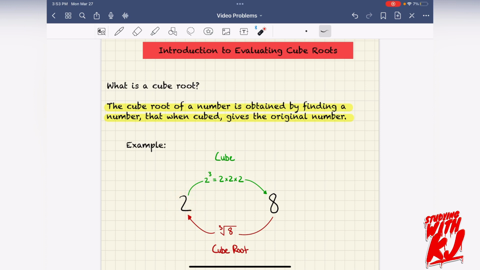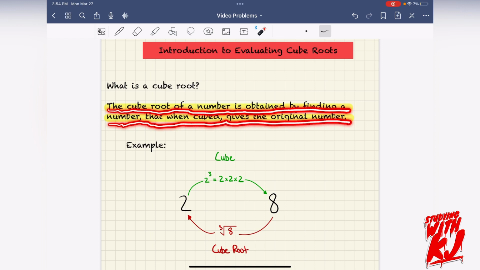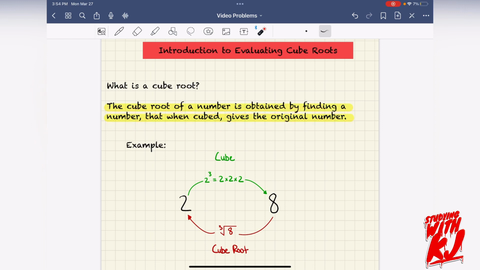And the reason why is because let's look back at our definition. The cube root of a number is obtained by finding a number that when cubed gives the original number. So in the beginning, we cubed 2, which means you multiply 2 by itself 3 times, which gives us 8.